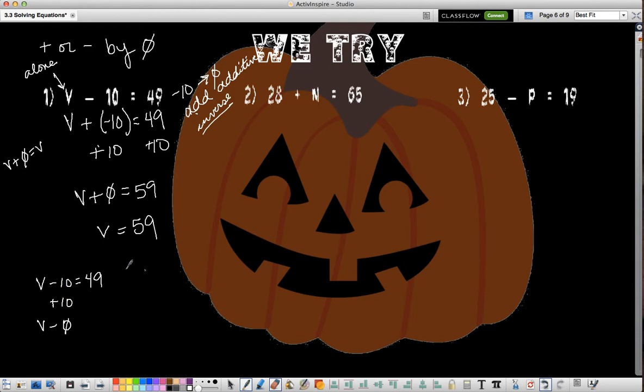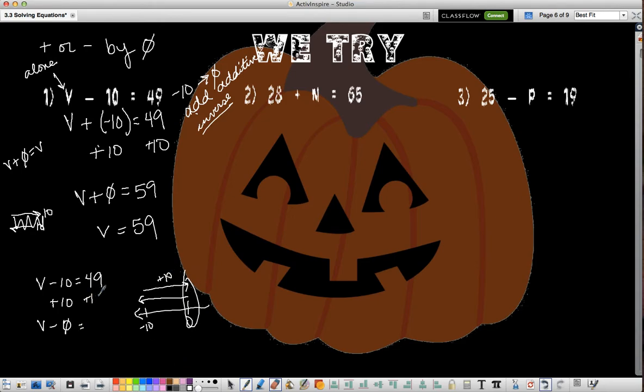Or you can think of a game board. If you go backward 10 spaces, to undo that and get back to where you were, you would have to go forward 10 spaces. Okay, look at a number line. If I'm at 0 and I subtract 10 and then add 10, I end up back at 0.